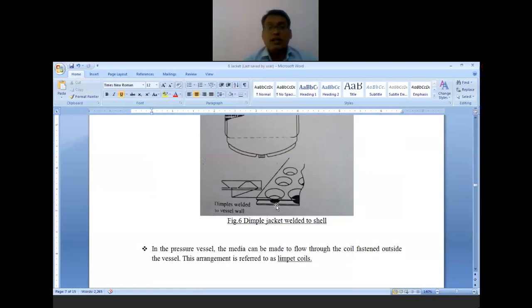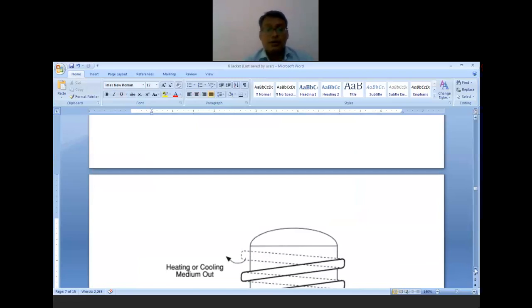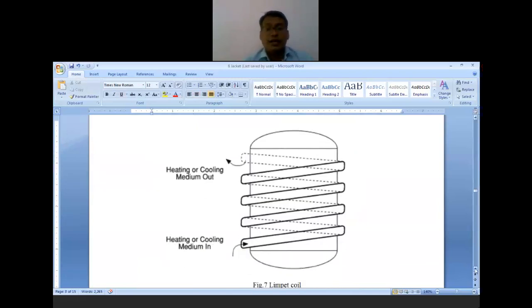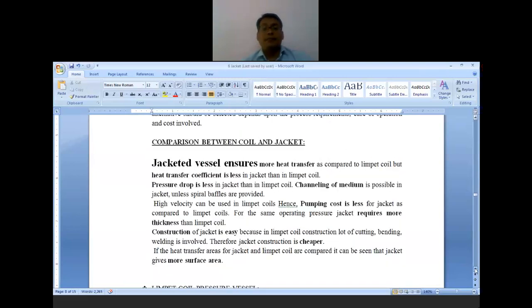Here also you can see the actual dimples welded to the vessel wall. Certain grooves have been created and they are welded. Again, these are the heating and cooling coils with the limpet.